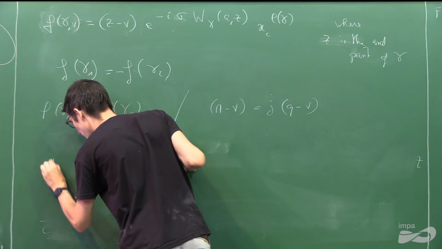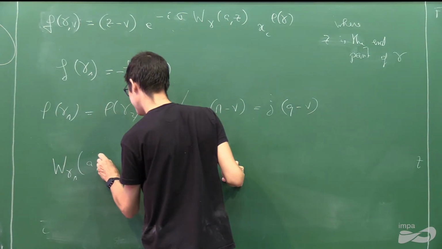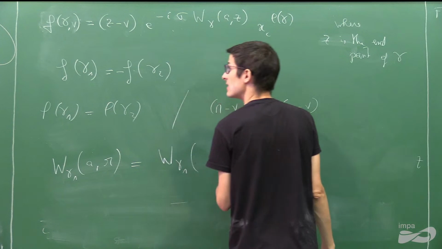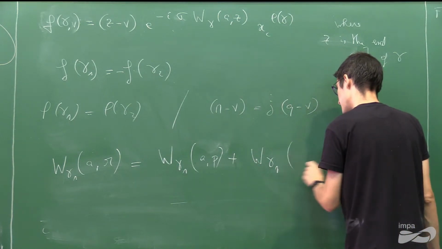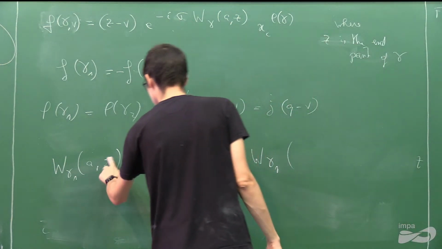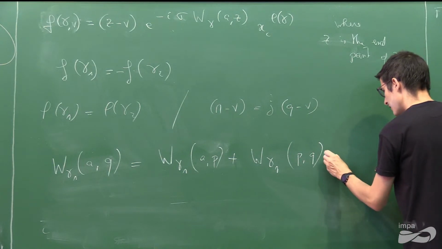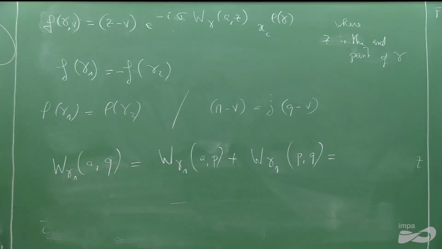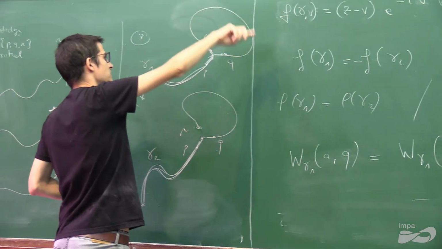If you look at the winding number of gamma 1 between A and R, this is equal to the winding number of gamma 1 between A and P plus the winding number of gamma 1 between P and Q, where gamma 1 ends up at Q. I'm going here, this thing is now going there, and I've turned in this direction.